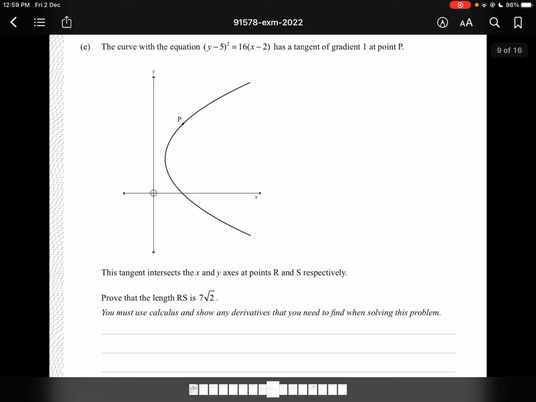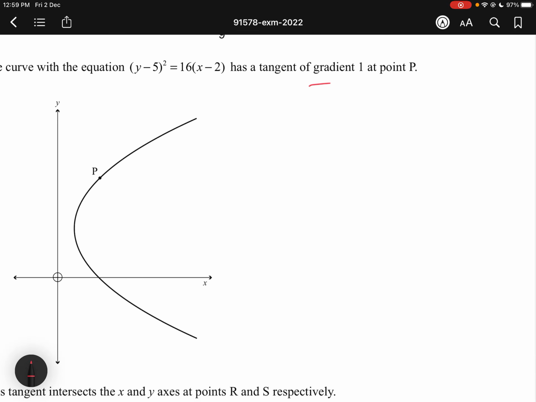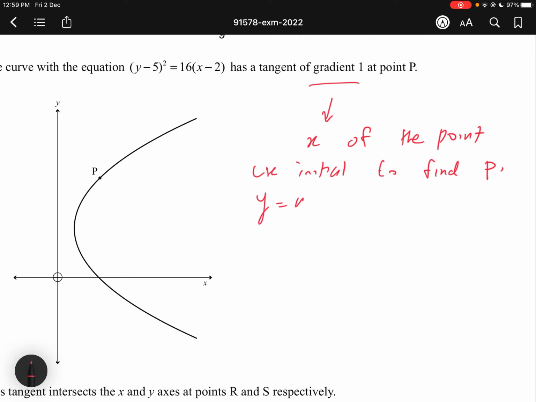So for this question, we're going to find the derivative, and then once we have the derivative, we're going to substitute in the gradient equals 1 to find the x value of point P. So we know that the gradient is 1. We can use this to find the x value of the point. However, we know that the point also lies on the curve, so we can use the initial equation to find P. And then we can use the initial position to find P, because we know that the equation of a line is y equals mx plus c.